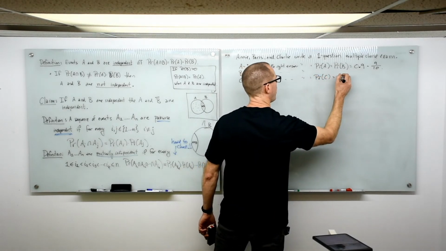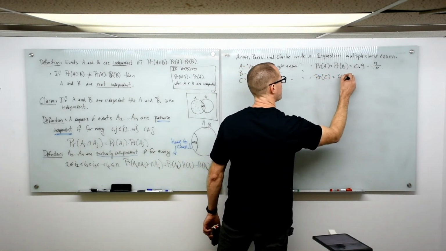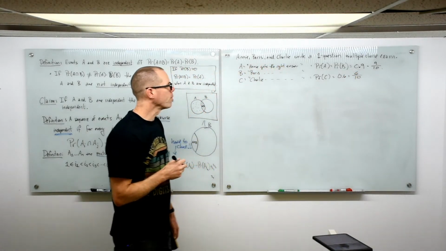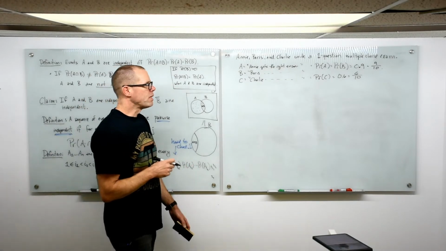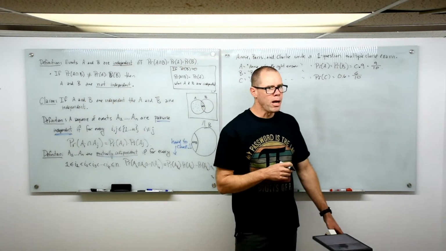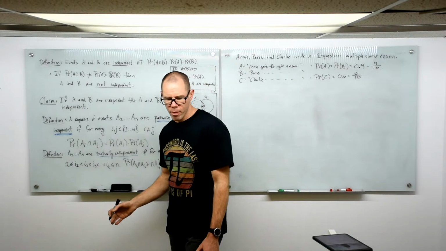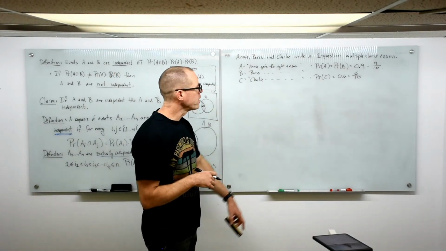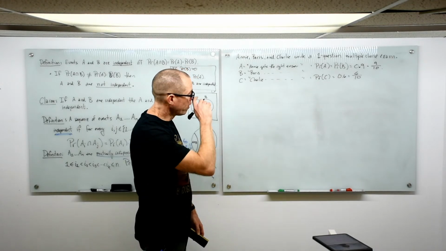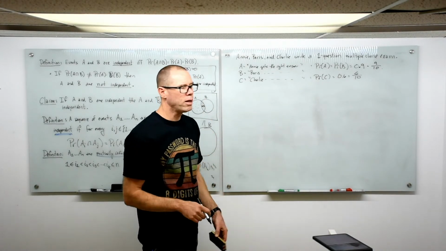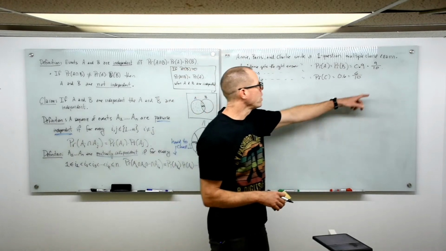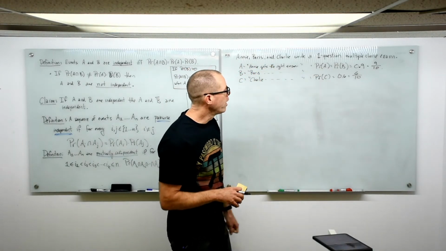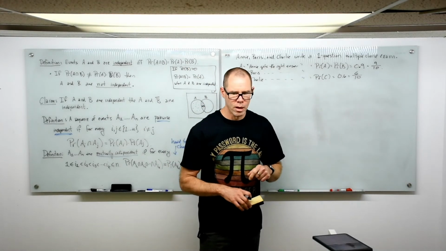Charlie only gets the correct answer 60% of the time, so with probability 6 out of 10. So maybe this is a 5 or a 10 question multiple choice exam. In any case, these are the probabilities. So if I take any one of them and ask them to write the exam, this is the chance that they get it right.